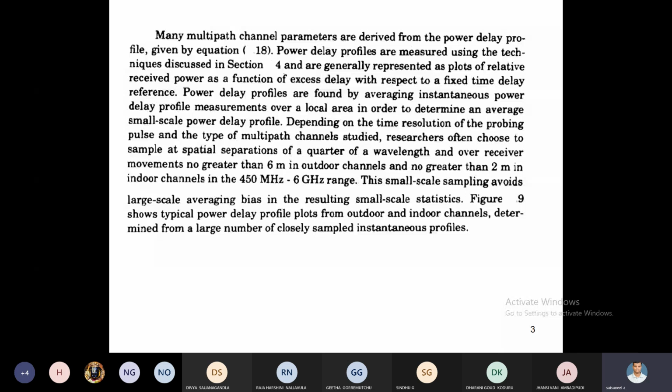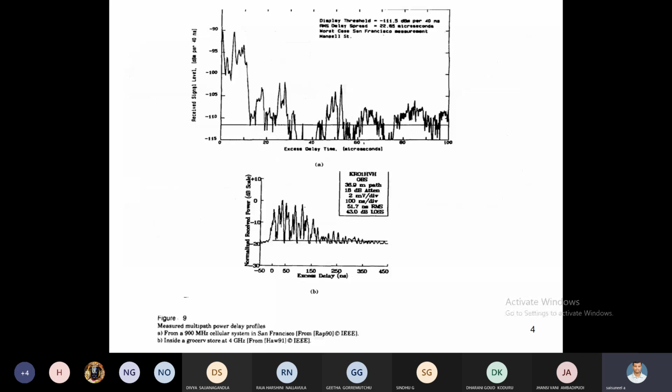Here, the x-axis shows excess delay time in terms of microseconds and nanoseconds: microseconds for outdoor, nanoseconds for indoor. And the y-axis shows the received signal level in dB, that is, how much signal strength.